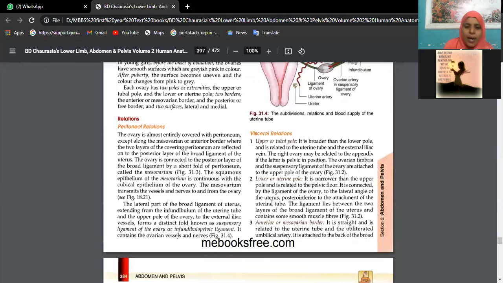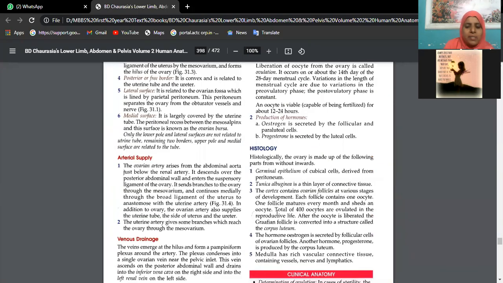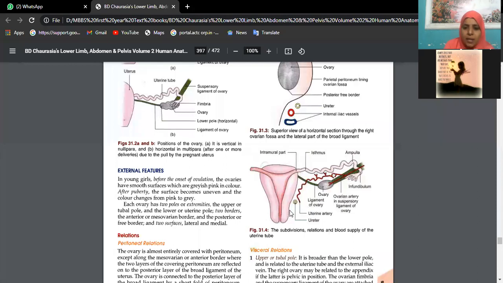The part of the broad ligament which is very close to the uterus, on this side also you will have the broad ligament, only half of it is shown. The part of the broad ligament close to the uterus, you call it mesometrium. The part close to the fallopian tube, as Ritika told us, is mesosalpinx, the fold of peritoneum of the fallopian tube.